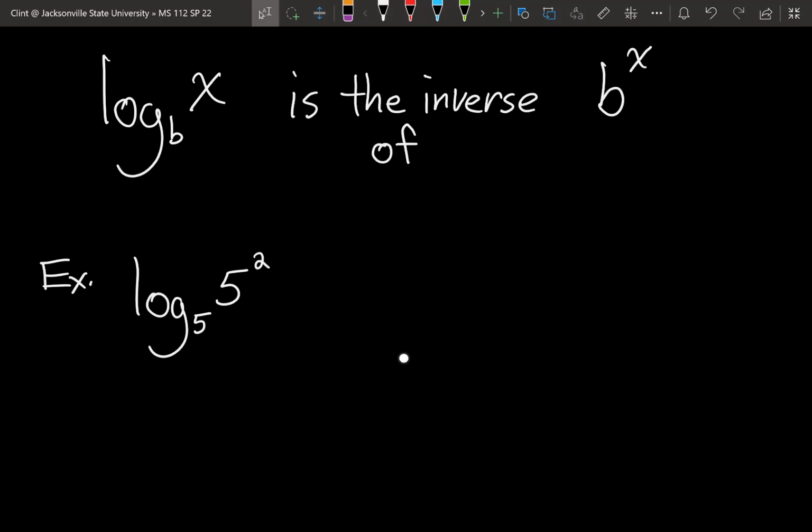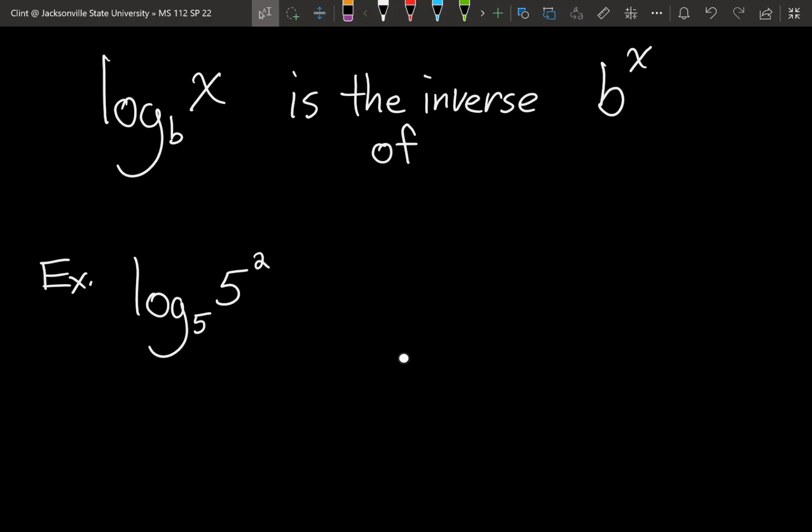So we've got an exponential inside of our logarithm. The thing that you have to look out for is you want the bases to match. The bases have to match in order for them to be inverses. So the base on the logarithm and the base on the exponential have to match. If they do, they cancel each other out.